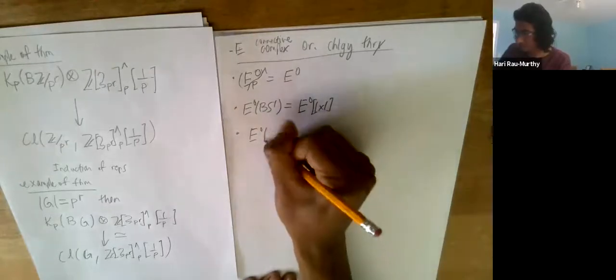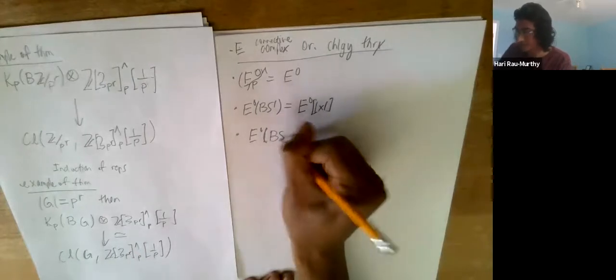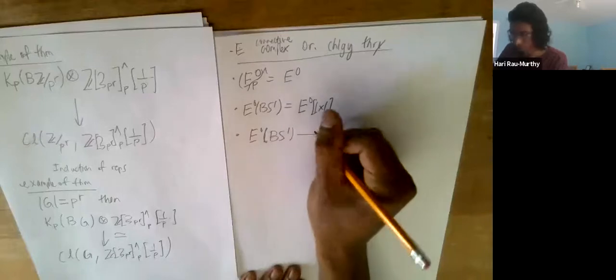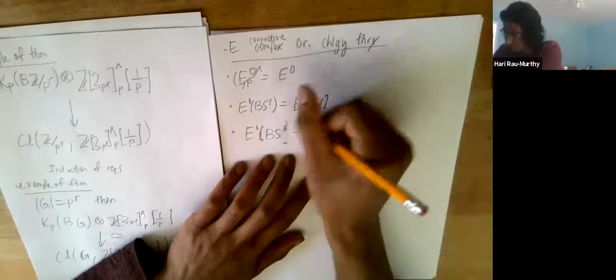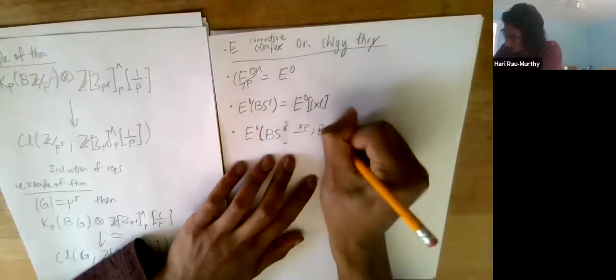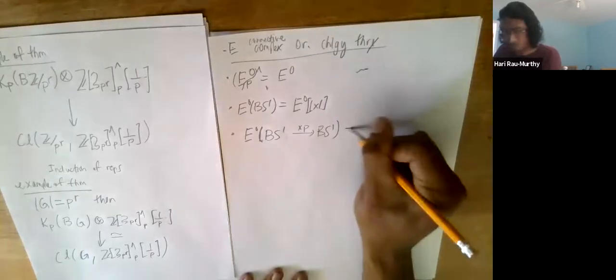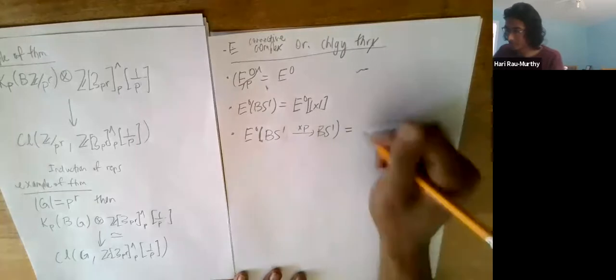So the cohomology of the multiplication by p map, this map turns into a map from the power series ring to the power series ring.